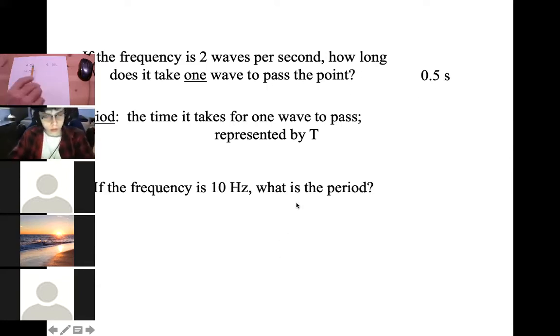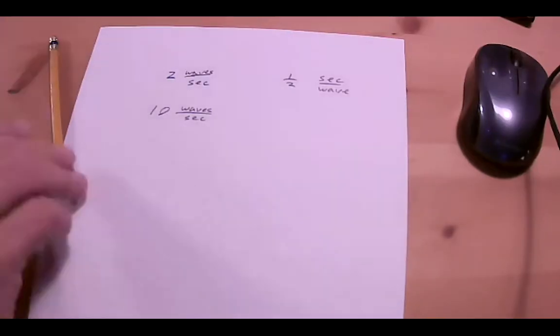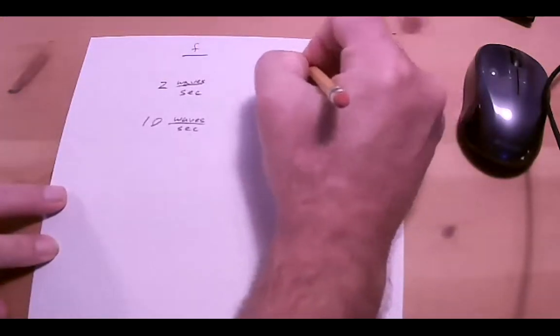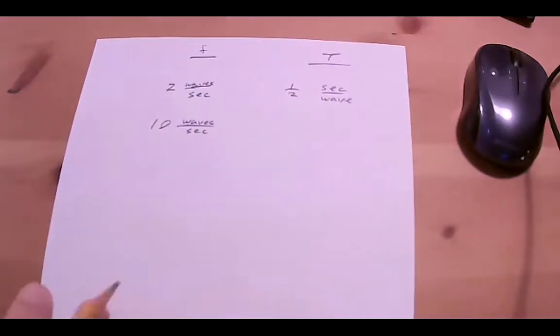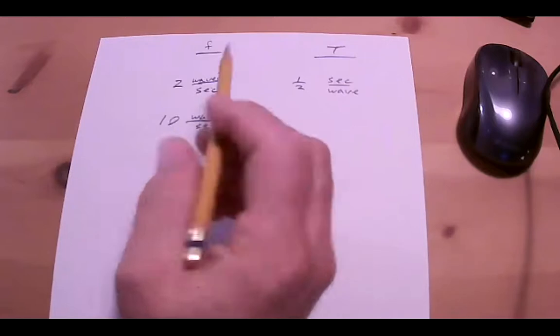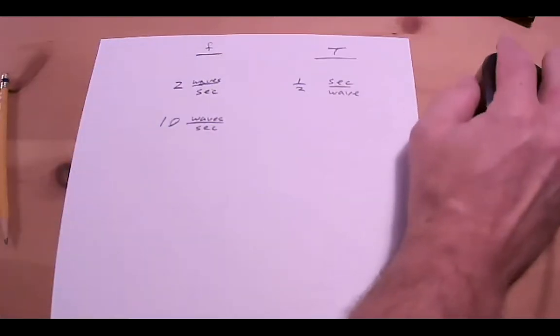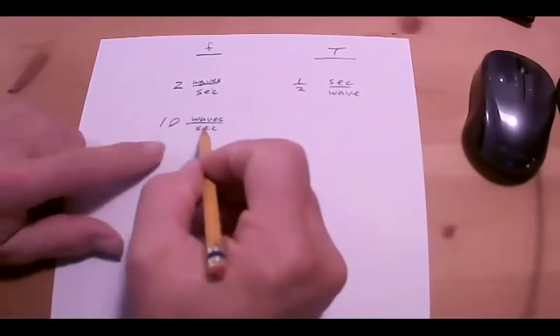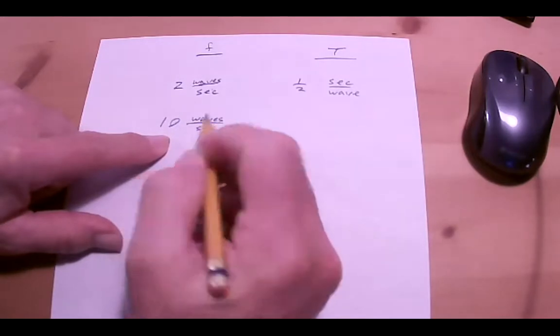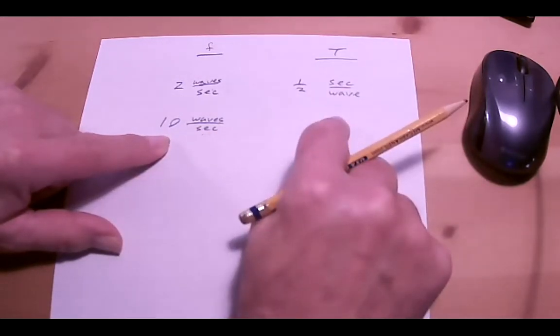Now let's make the frequency 10 hertz, or 10 waves per second. So that's the frequency, and this is the period. If it's 2 waves per second, it's 1/2 second per wave. What if it's 10 waves per second? If 10 waves per second pass a certain location, what's the period? How long does it take for one of the waves to pass?